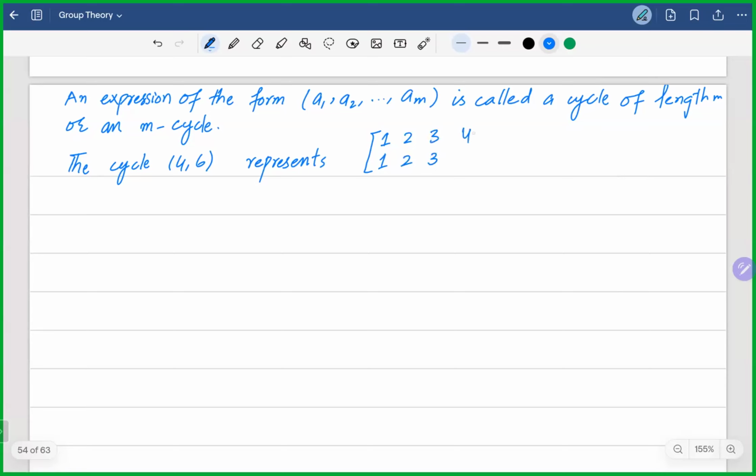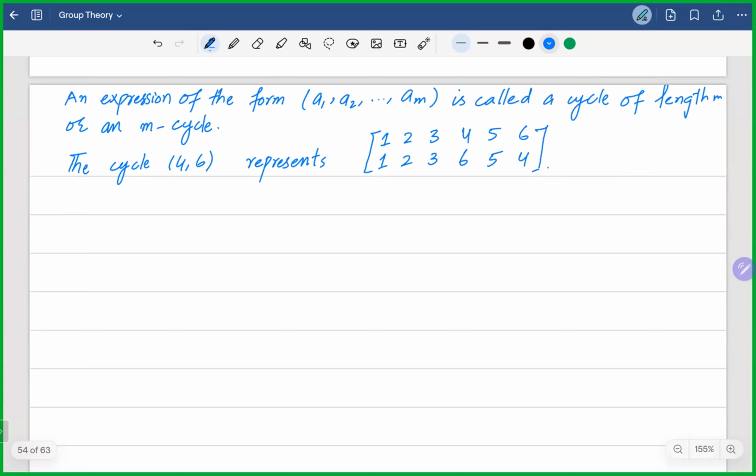Now 4 is there, so 4 is going to 6, 5 is fixed again, and 6 goes to 4. In this way we can multiply cycles by thinking of them as permutations given in array form.